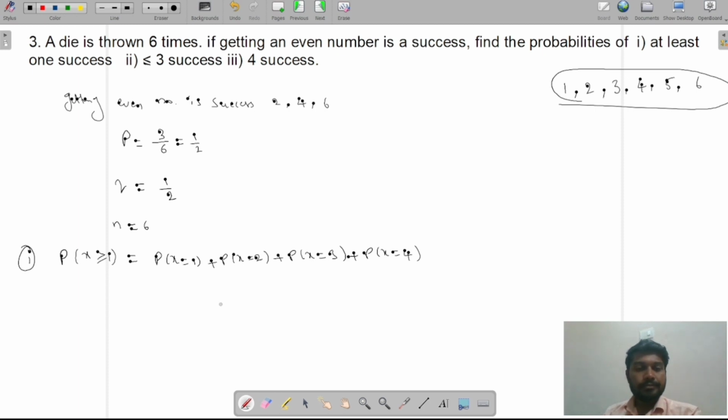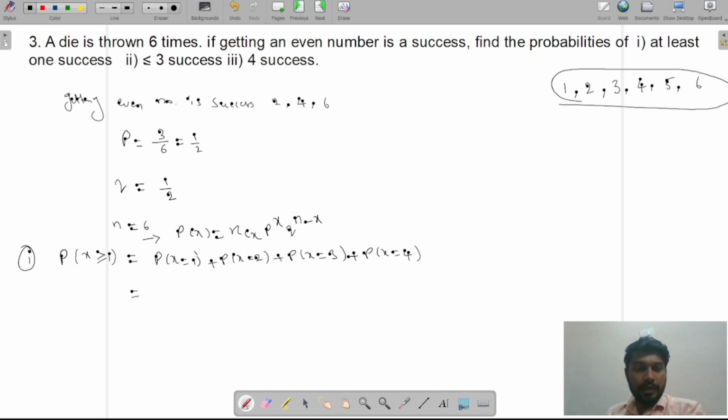Then at x equal to 1, what is the binomial distribution? To solve this, we require the binomial distribution formula. P of x equal to nCx p to the power x q to the power n minus x is the formula.